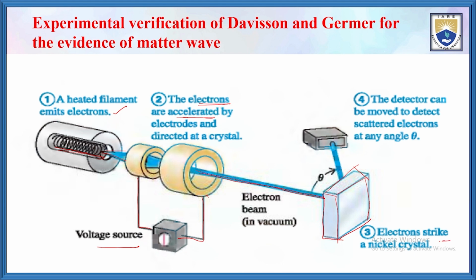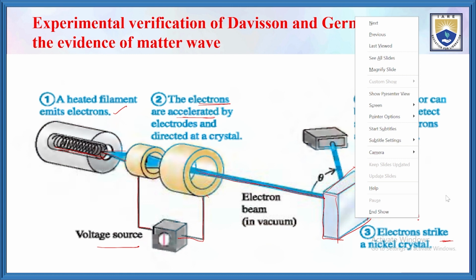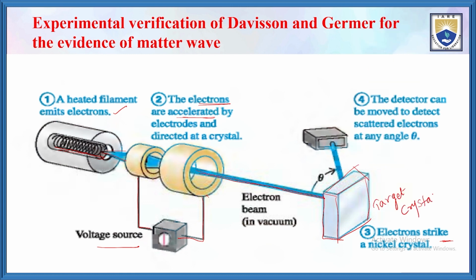The electrons strike the nickel crystal, which is the target crystal. After hitting the target crystal, the electrons scatter in all directions, in different directions.